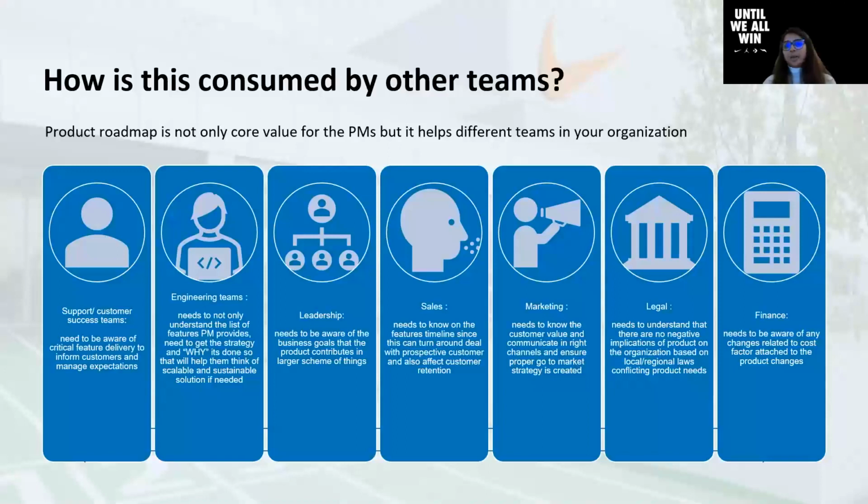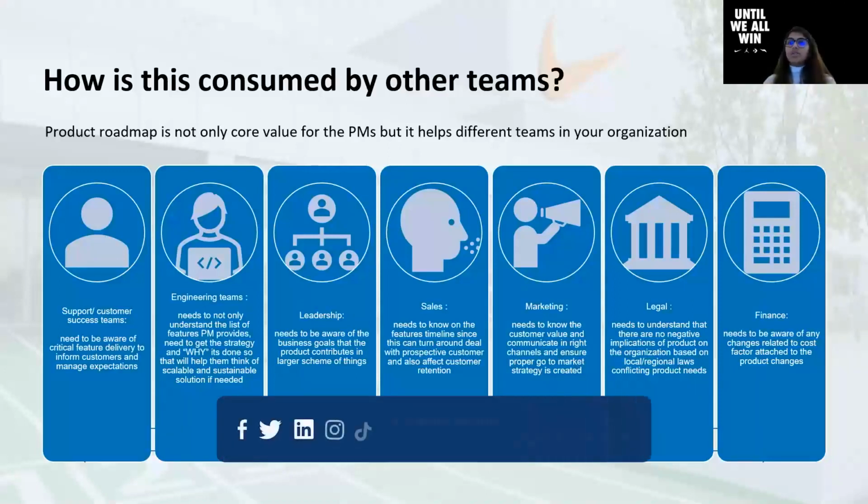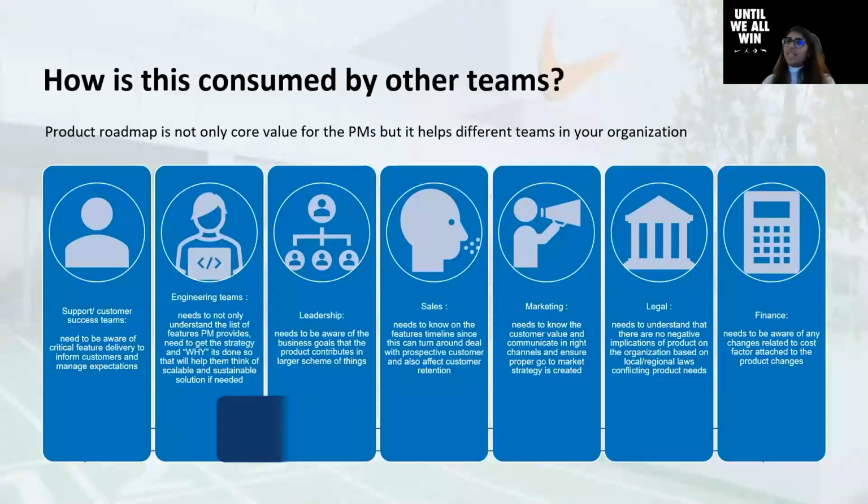And for sales, for example, what does sales look for? Sales is really interested to know the features or functions that will be achieved in a particular timeline. Sometimes this can be a deal breaker for them if it doesn't get completed.